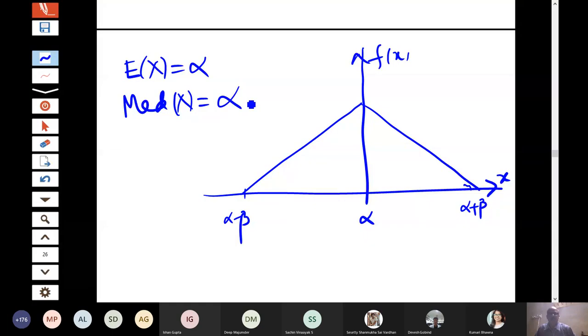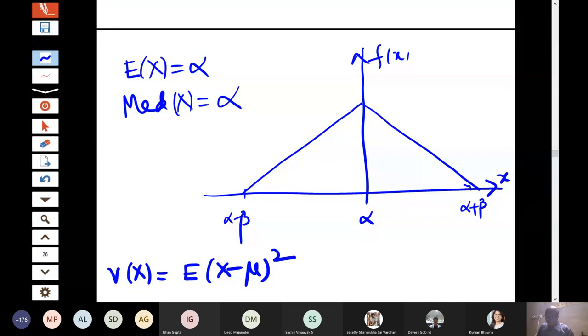Can anybody tell me the answer? See, variance is nothing but expectation of (x minus mu) square, isn't it?